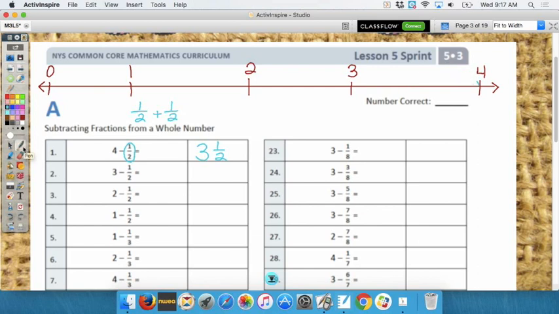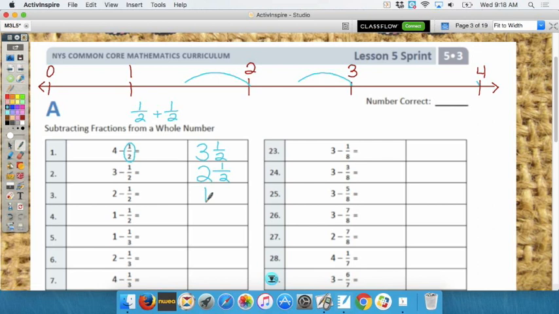If I start with a 3 and I subtract a half, what will my new whole number be? A 2. And then we already know the fraction will be a half because we figured that out up here, didn't we? And let's look at the next one. If I start with a 2 and subtract a half, 1.